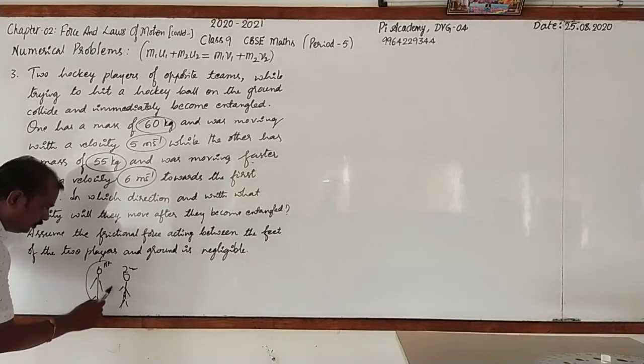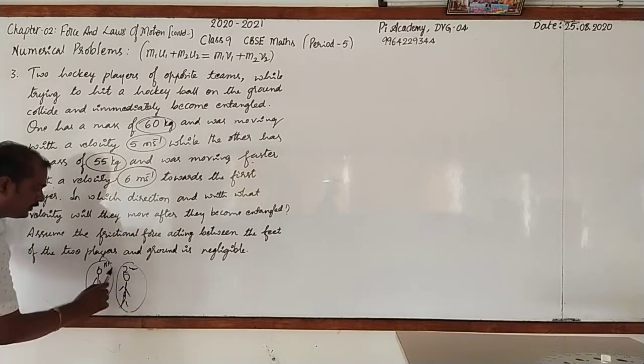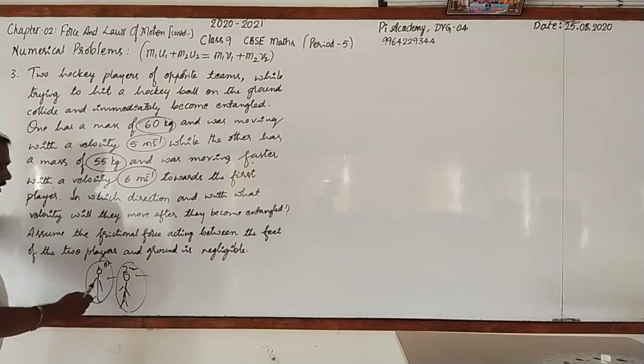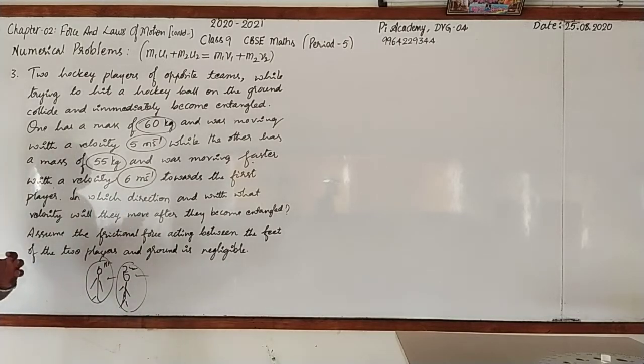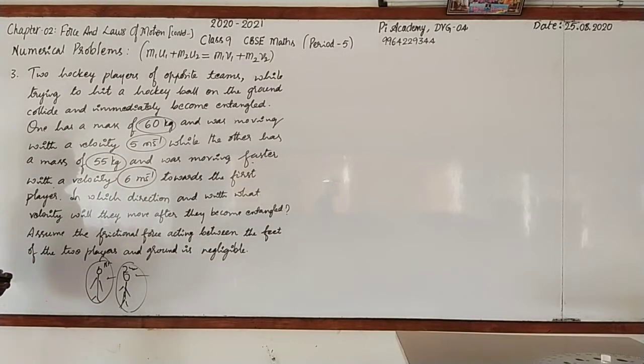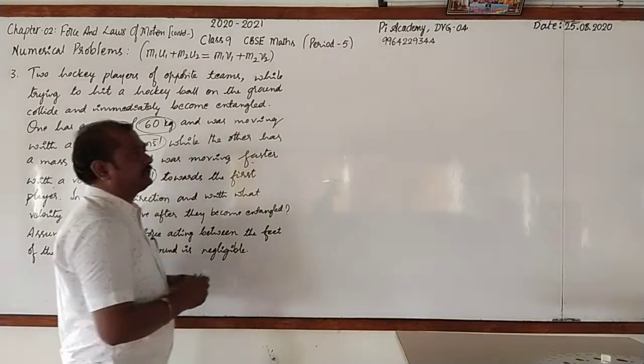To know that, you must find out the momentum of first player as well as the second player, right? And based on that, the impact produced by one having more momentum will exert more force on the other player, and towards that direction only they start moving after entangling, right? Okay, let us write that later.